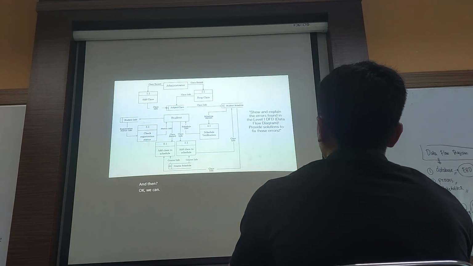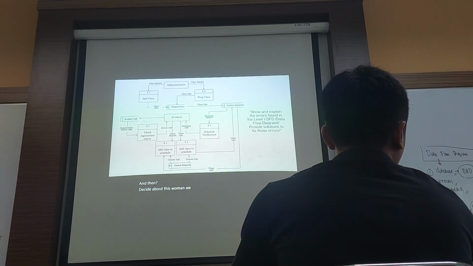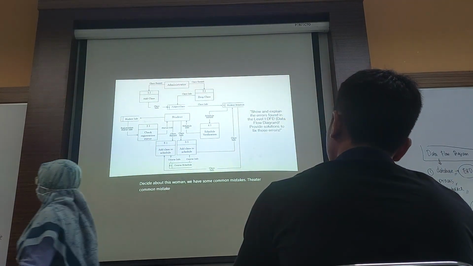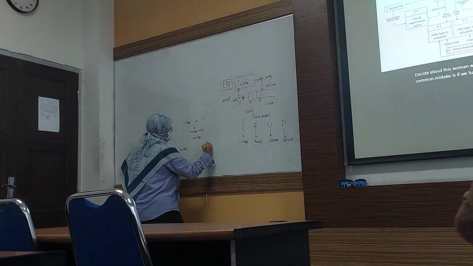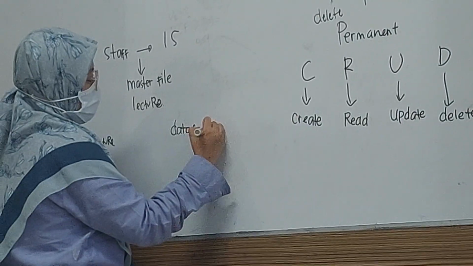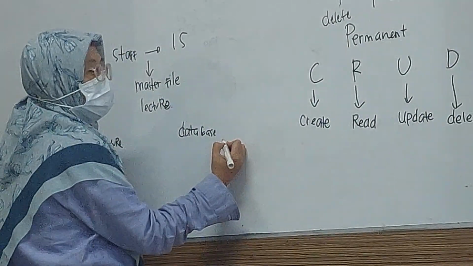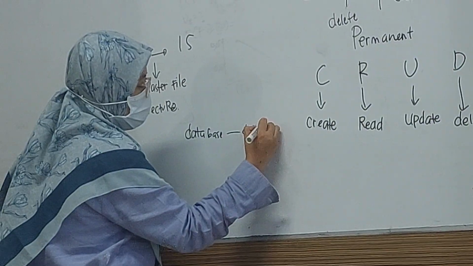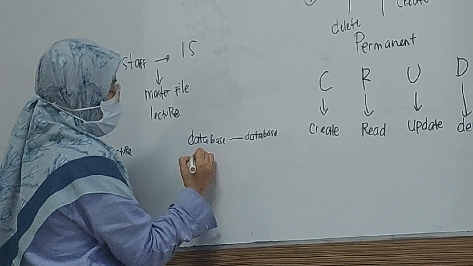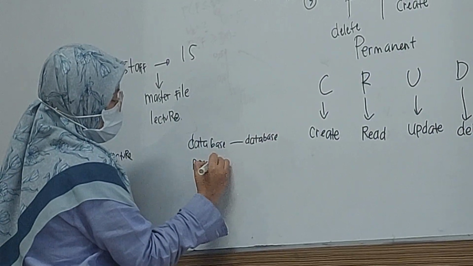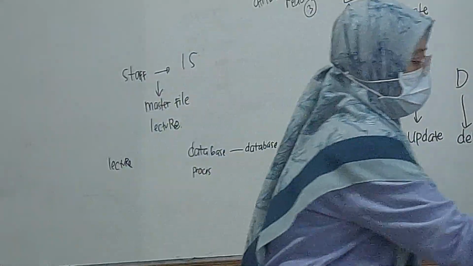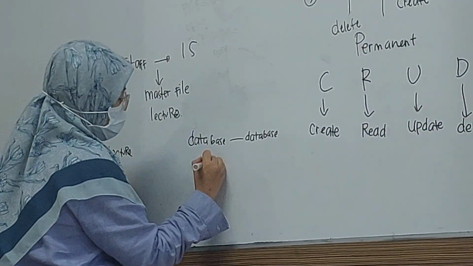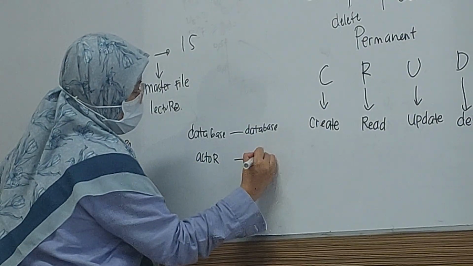We have some common mistakes. The other common mistake is if we have a database directly connected to a database, and then a process. The next one is an actor to a database, vice versa.